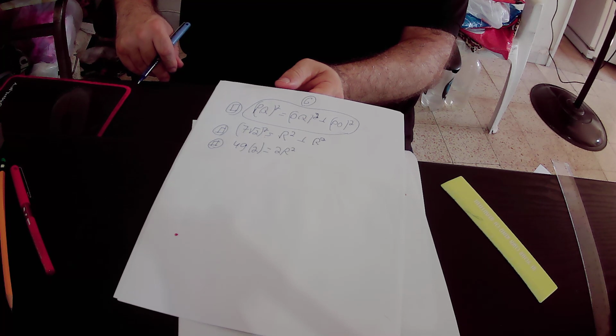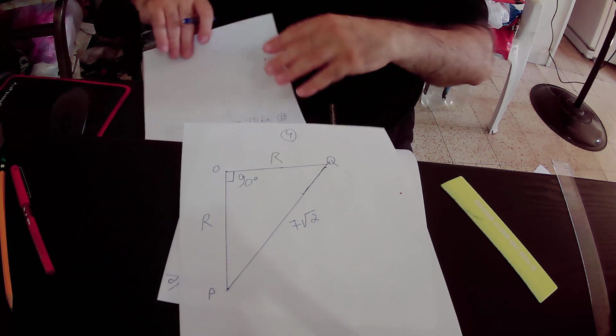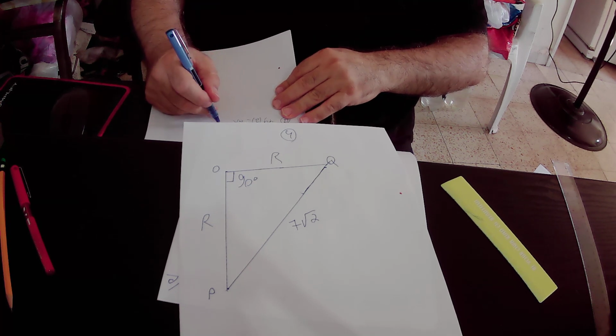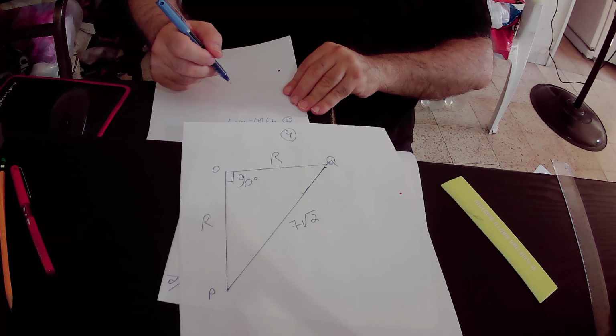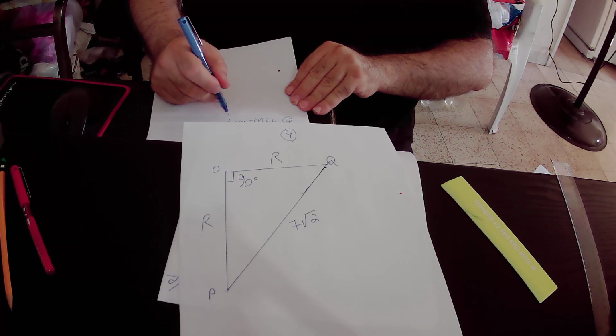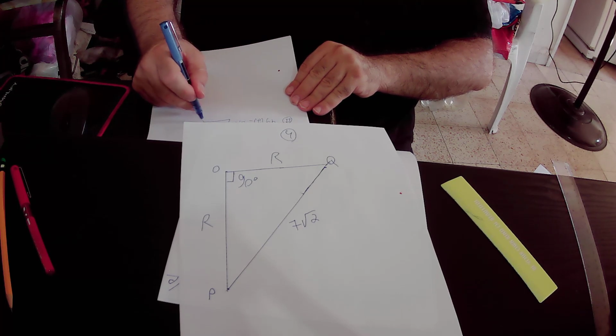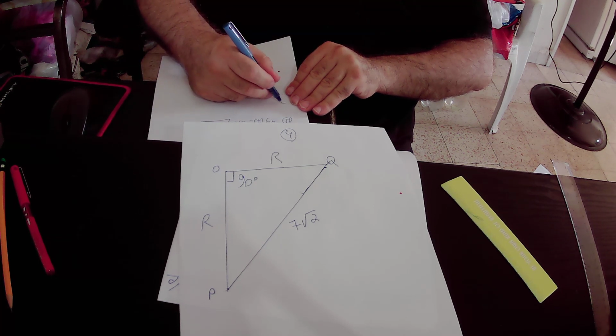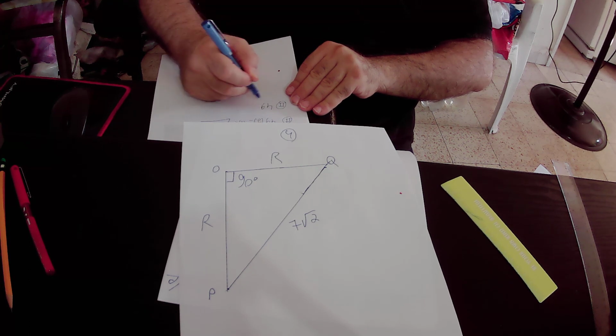Now we will divide the equation by 2. We will get that 49 equals R square.